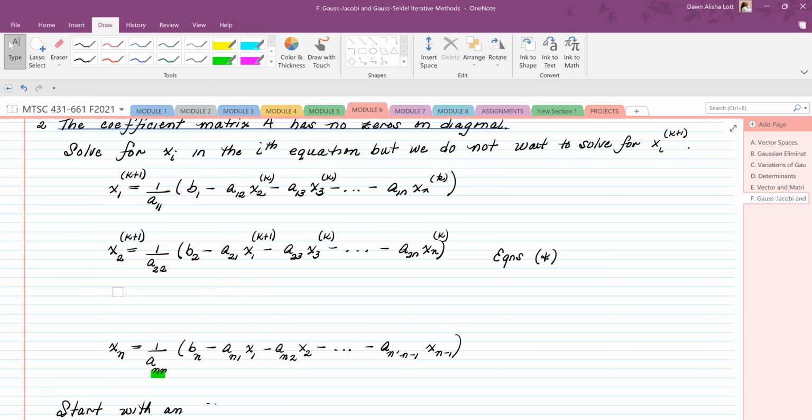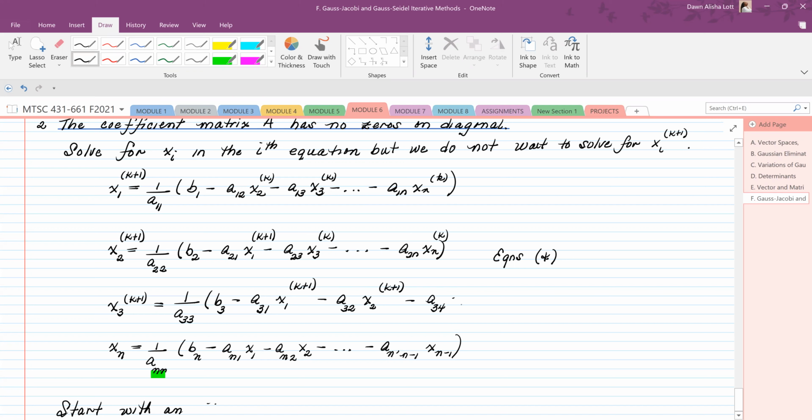So then when we solve for x3 at k plus 1, it's going to be 1 over a33 times b3 minus a31 x1 at k plus 1 minus a32 x2 at k plus 1, and then minus a34 x4 at k, because we haven't updated that yet, all the way down to a3n xn at k.